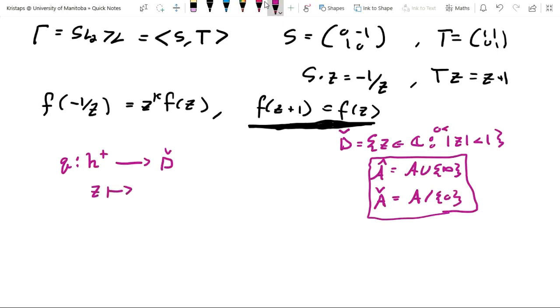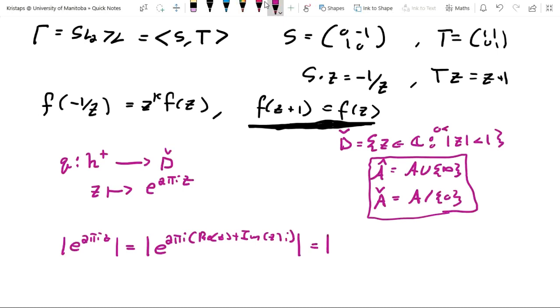And this map is going to take the complex number z and send it to e to the 2 pi i z. So to check that this is indeed a map to the punctured unit disk, observe that e to the 2 pi i z in complex norm, well, this is the complex norm of e to the 2 pi i multiplied by the real part of z plus the imaginary part of z multiplied by i.